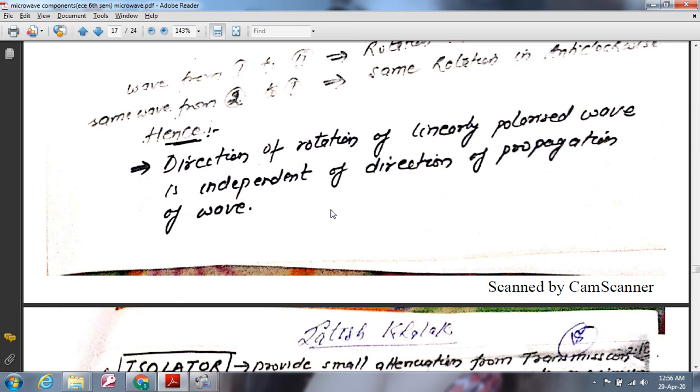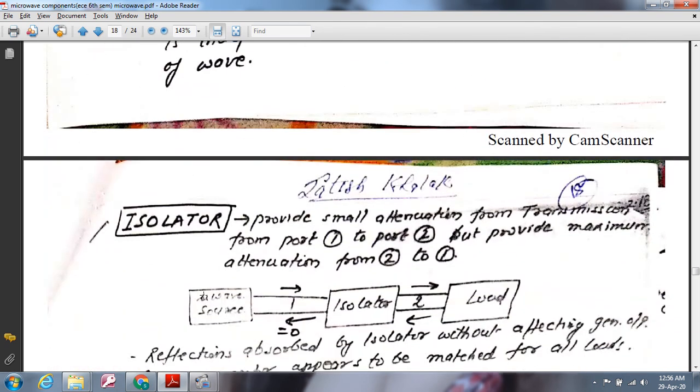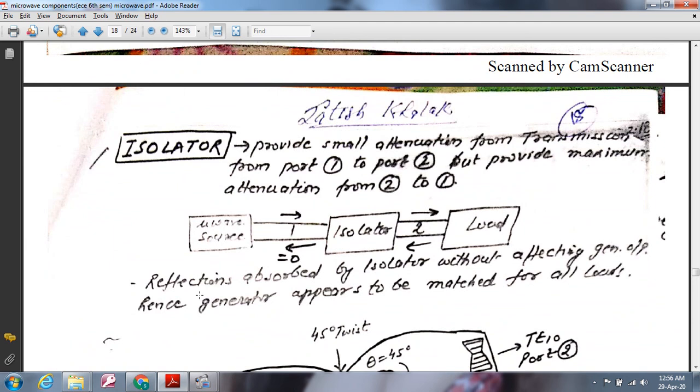So the first microwave component is the isolator. Now an isolator is a two-port device which provides a very small amount of attenuation for transmission from port 1 to 2, but provides maximum attenuation for transmission from port number 2 to port number 1.